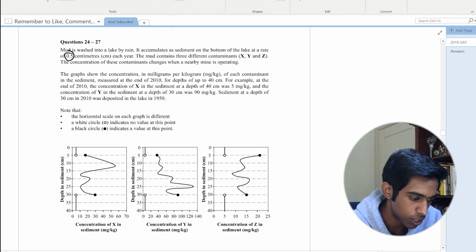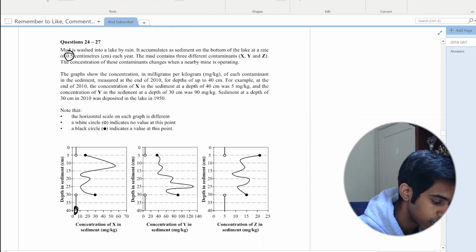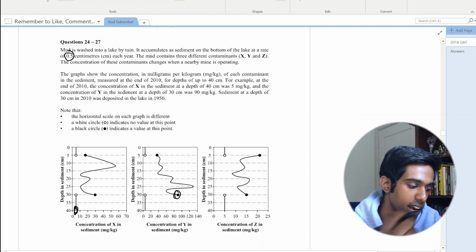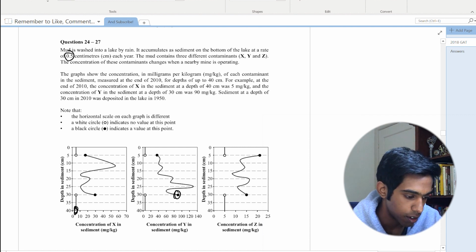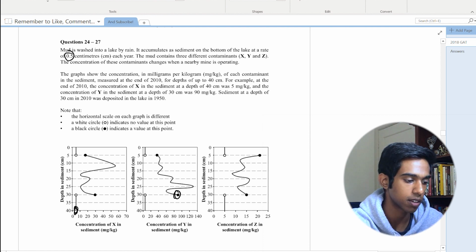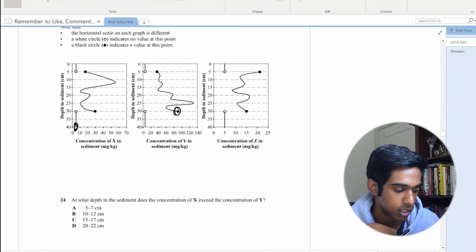And then the concentration of Y in the sediment at a depth of 30 centimeters was 90 milligrams per kilogram. Okay, yeah, so I am reading this right. So that's this point and that's this point. It's just telling you pretty much how to read the graph. Sediment at a depth of 30 centimeters in 2010 was deposited in the lake in 1950. That makes sense because it was deposited at 0.5 centimeters each year.